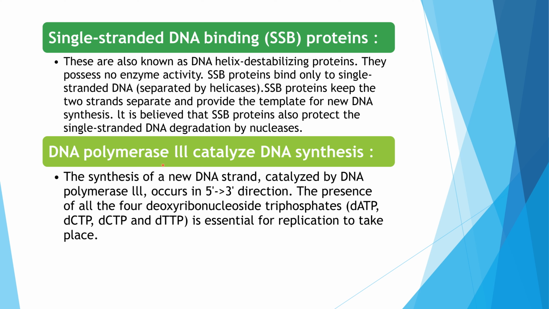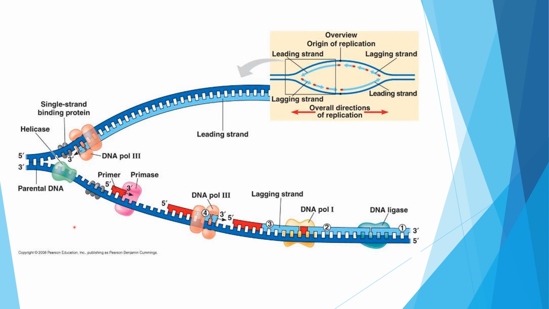DNA polymerase III catalyzes DNA synthesis, the synthesis of a new DNA strand, in prokaryotes. This is the helicase enzyme which unwinds the DNA. It separates the double-stranded DNA into single strands of DNA, allowing each strand to be copied.